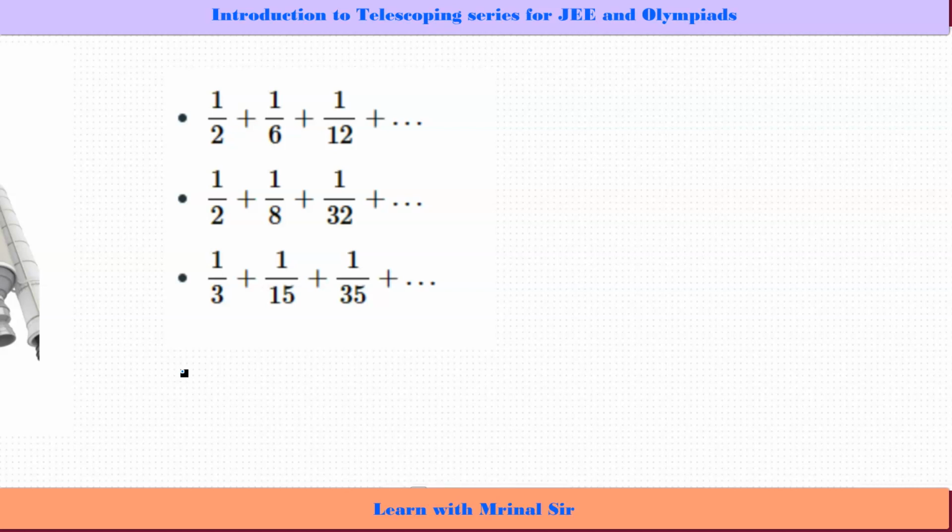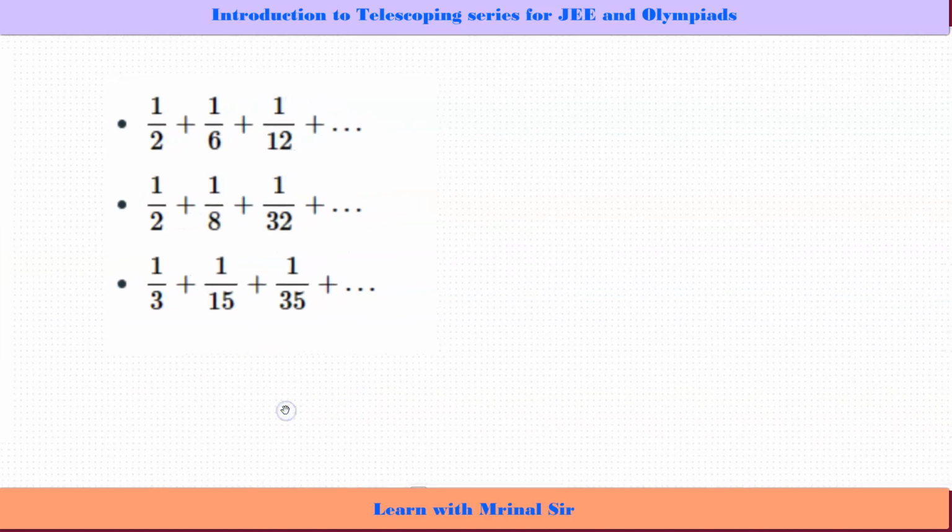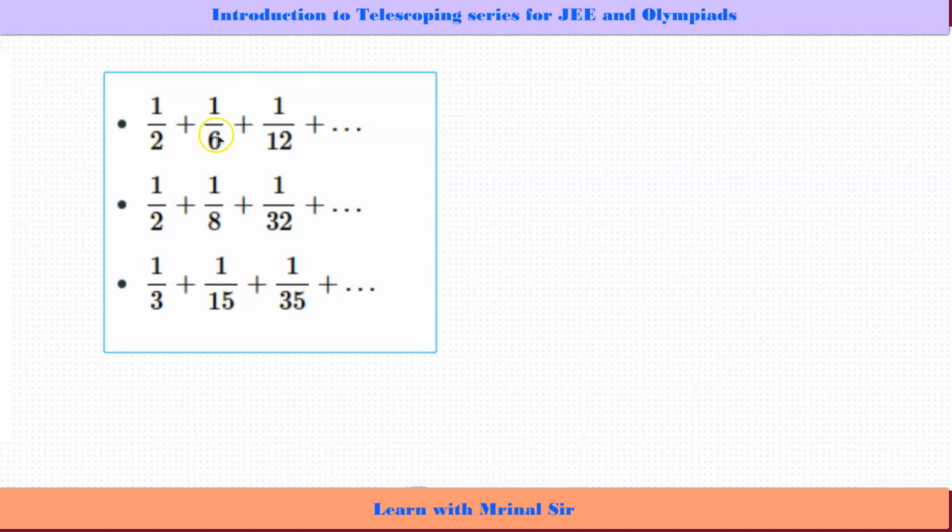Today's class, I'll be showing you only the simplest examples to understand the telescoping series, and next session I'll be bringing very interesting problems on telescoping series, and we'll do all those step by step, one by one, with detailed explanation. Let us start with this, where it is half plus 1 by 6 plus 1 by 12.